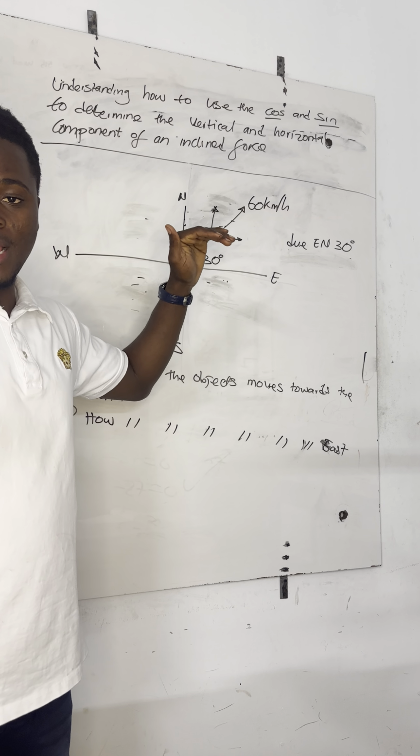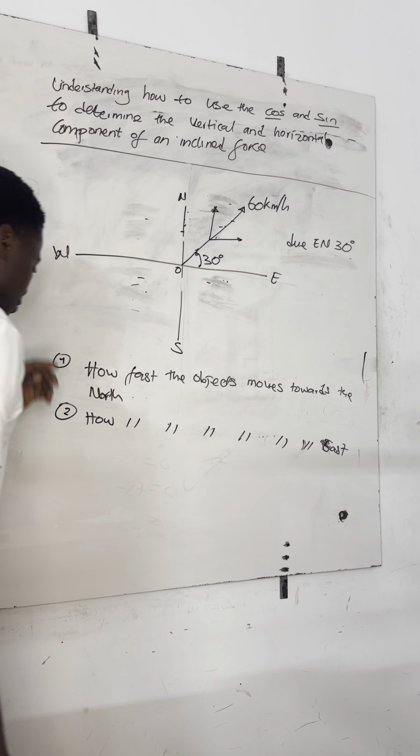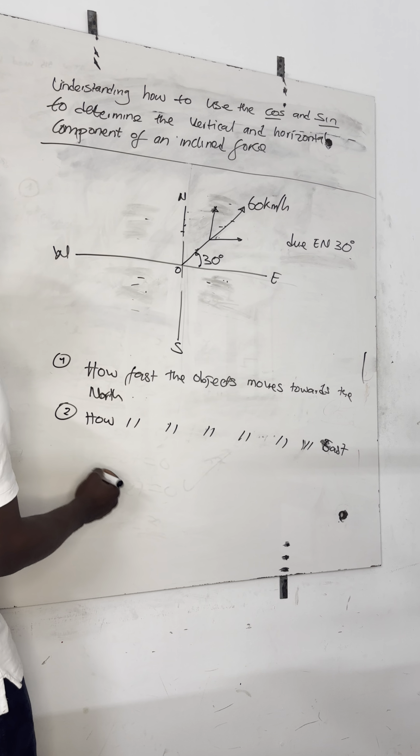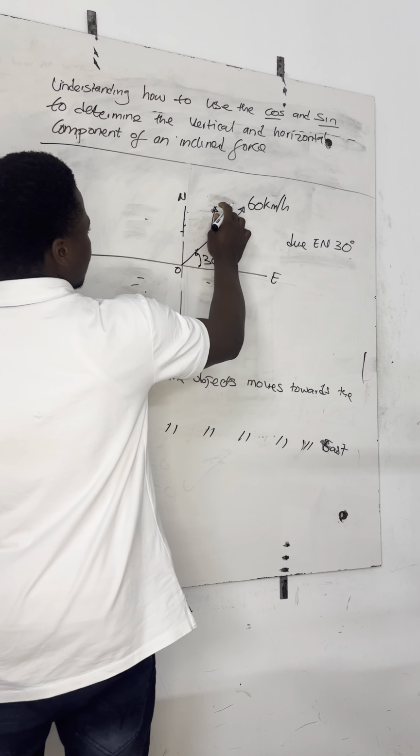For us to get the x-axis, you also use the sine or the cosine rule. Now, let's look for it. How fast is it going towards the north? So this implies that we are looking for this.